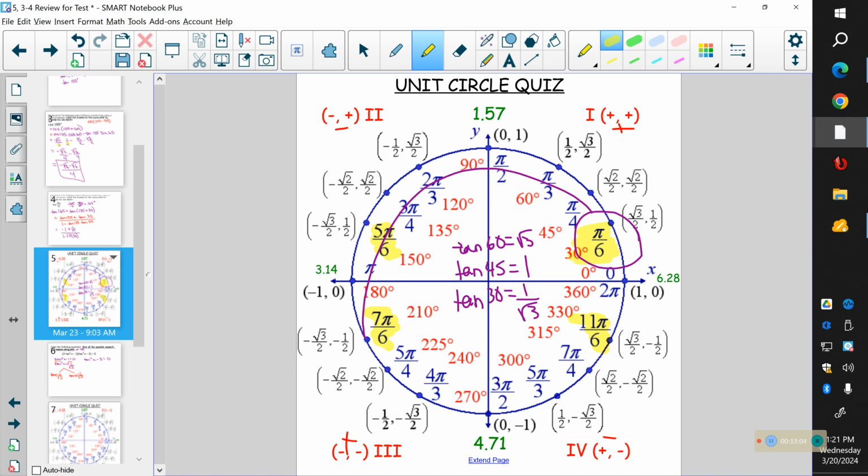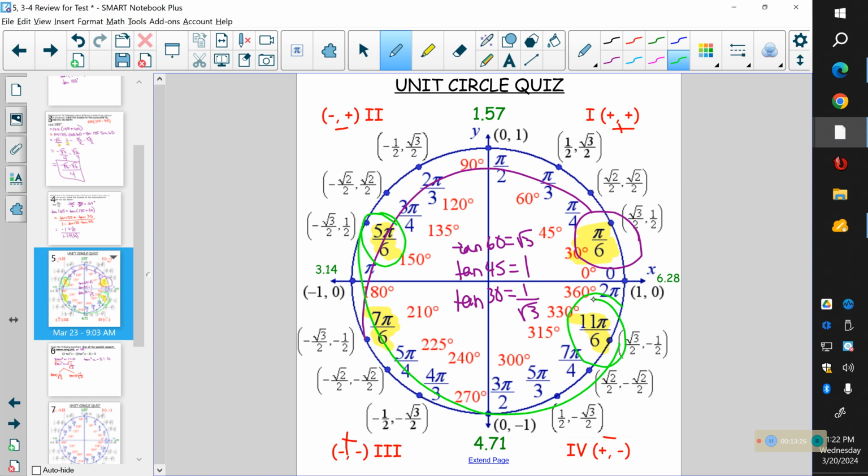This one is positive and this isn't positive. So by adding pi units, I'll get both quadrants. Do we see that? If I am over here at 5 pi over 6 and I add a semicircle to that, where does that land me? At 11 pi over 6. Does that give me all of my angles then?